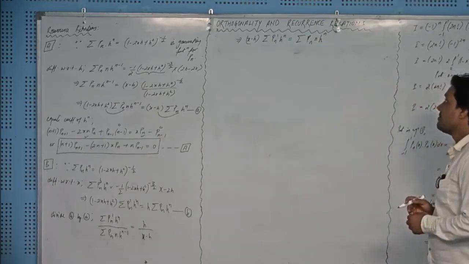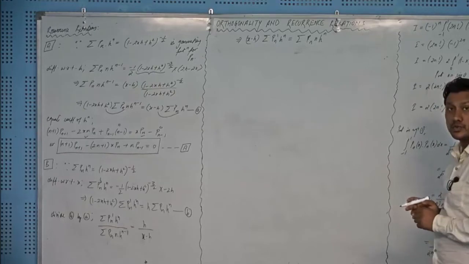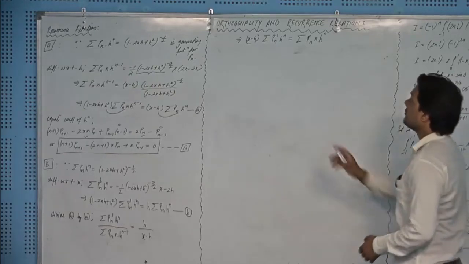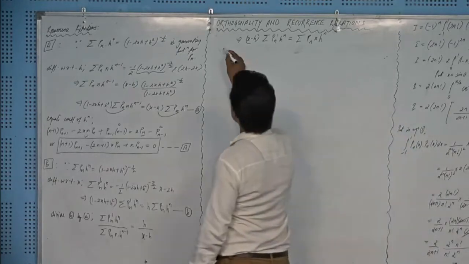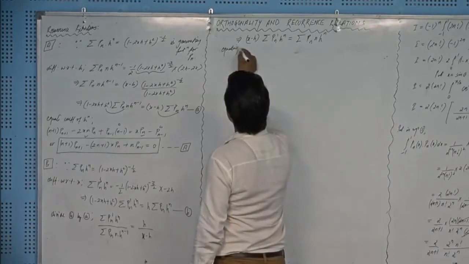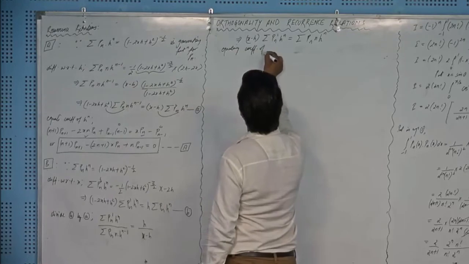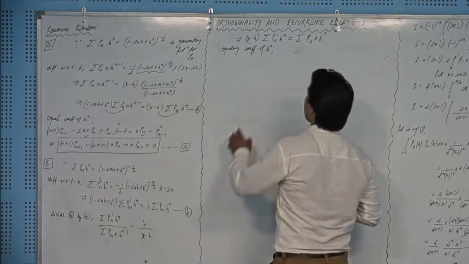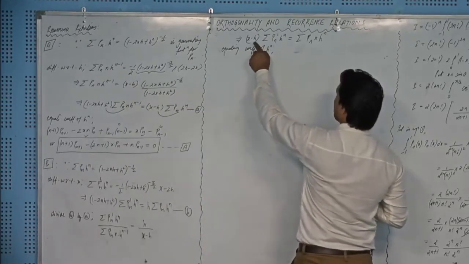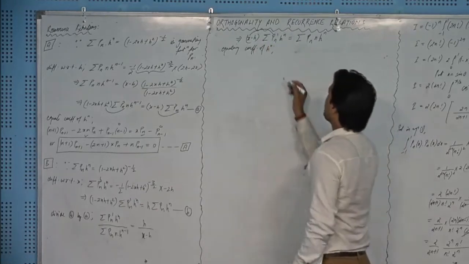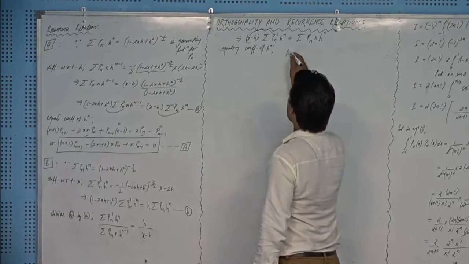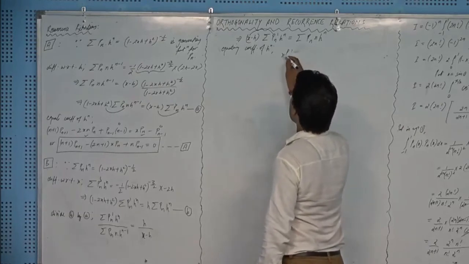Now what I will do is compare the coefficient of h to the power n again to obtain a new recurrence relation. I want to get rid of this summation, right? So we have to do comparison, equating coefficients of h to the power n, right? You can see that here we have two terms, the first is x multiplied with this thing, and the coefficient of h to the power n will be Pn dash of x, right?